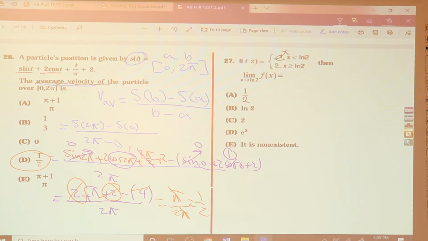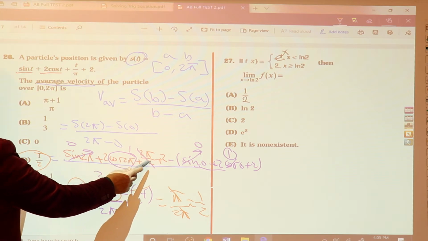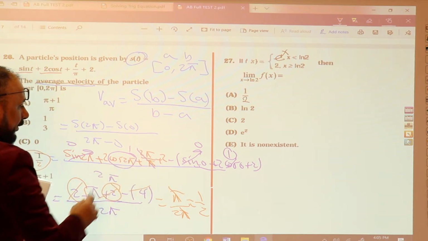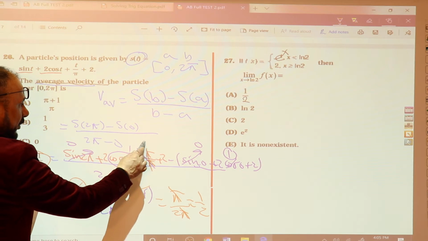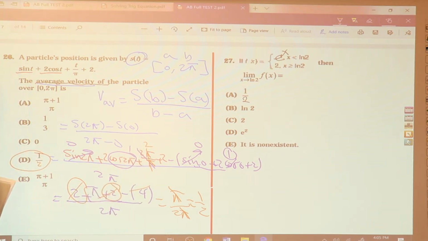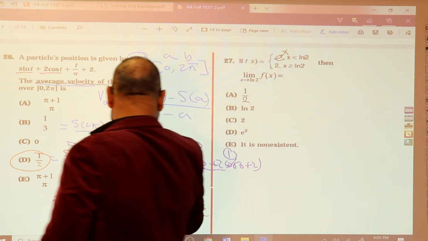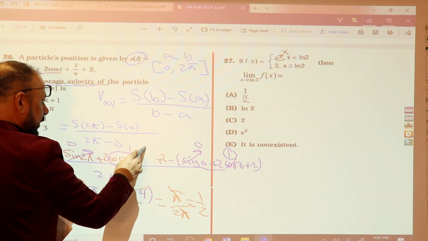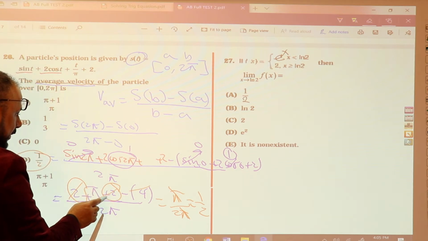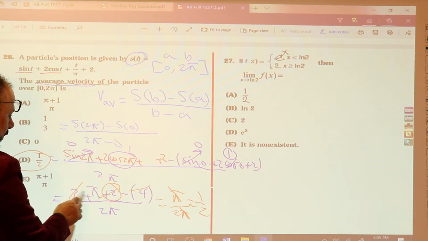Let me correct this. The t term is 2 pi over 2, so the pi cancels and gives pi. I'm going to erase all this here.